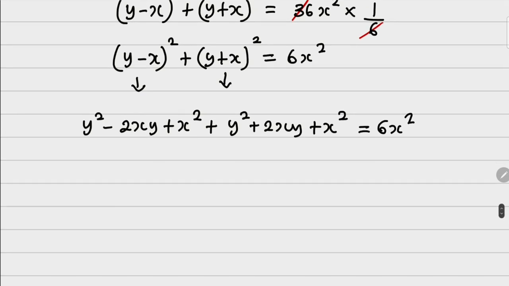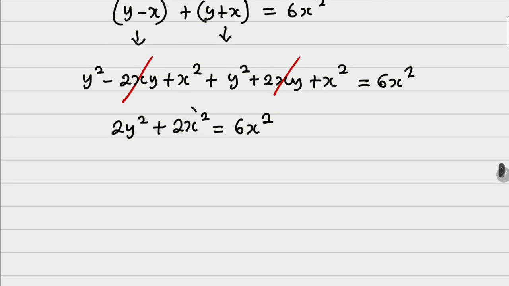Now I'm checking it out, you will see that this cancels with this, so that what I'm going to be left with will be 2y squared plus 2x squared is now equal to 6x squared.